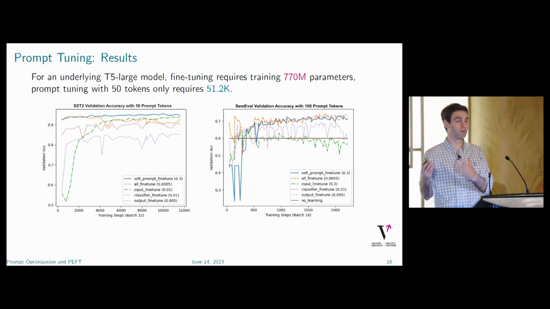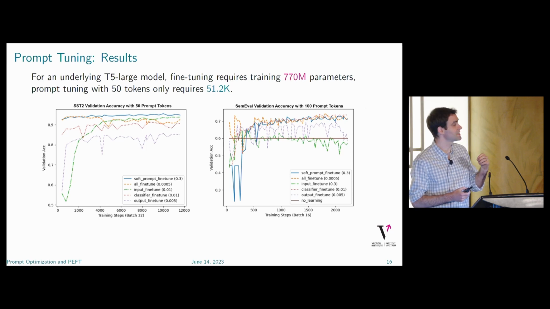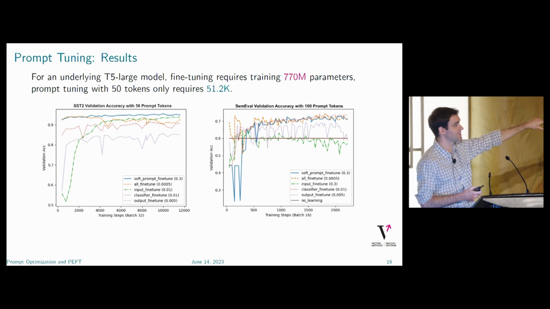So how does this work? Some of these training trajectories are a little difficult to see, but hopefully I can get the point across. This is for T5 large, again, some internal experiments that we've done. The two main lines that you want to see here are the blue lines and the orange dashed lines. The blue line is prompt tuning, using on the left 50 prompt tokens, on the right 100 prompt tokens.